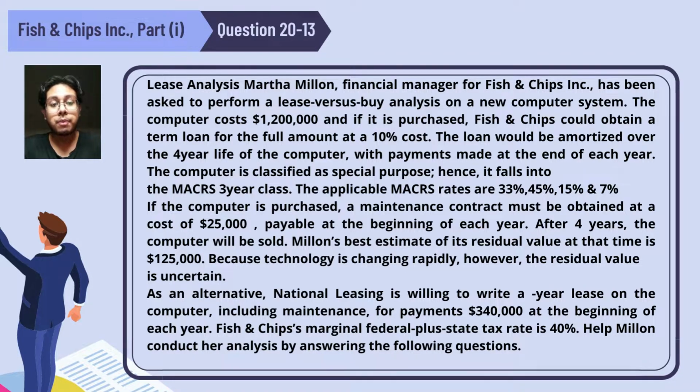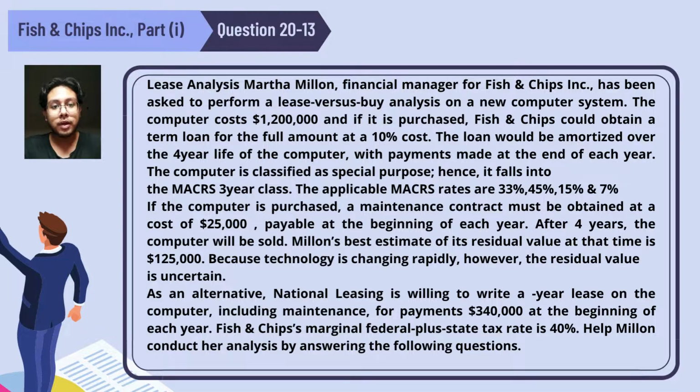If the computer is purchased, a maintenance contract must be obtained at a cost of $25,000, payable at the beginning of each year. After 4 years, the computer will be sold. Millen's best estimate of its residual value at that time is $125,000. Because technology is changing rapidly, however, the residual value is uncertain.